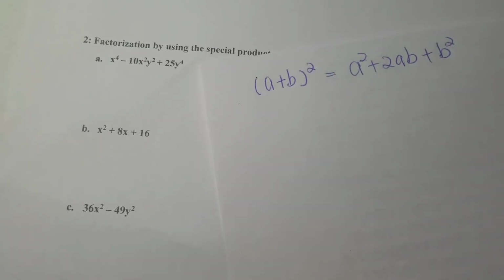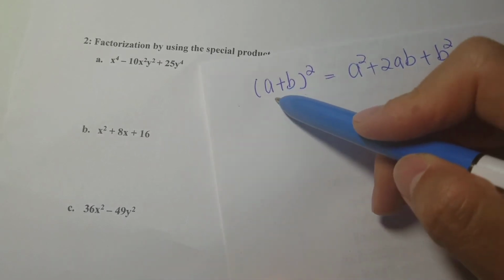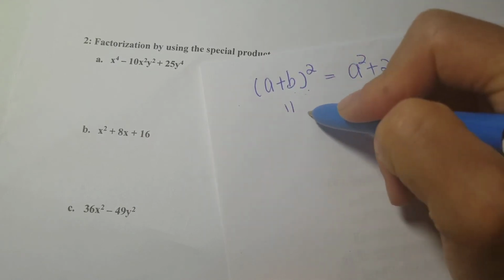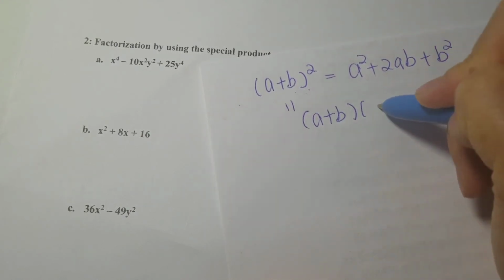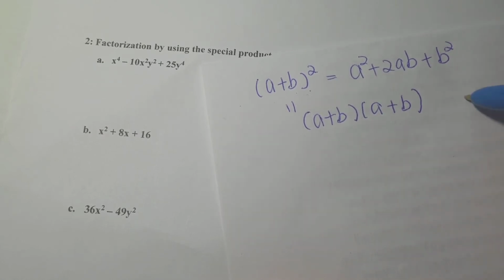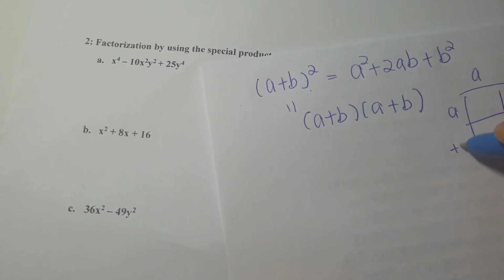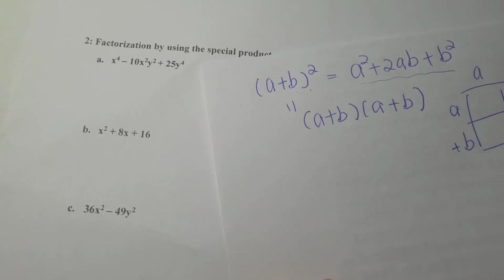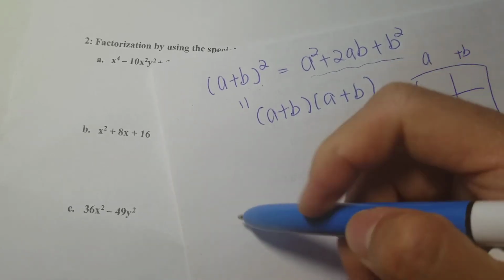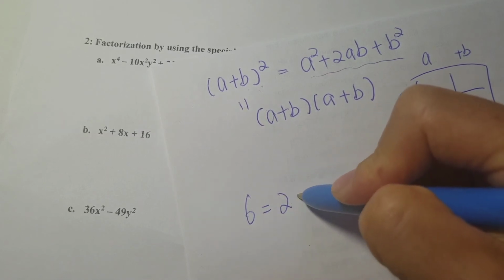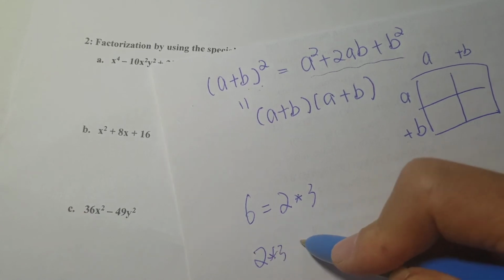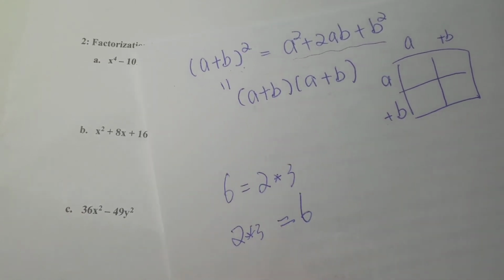And we proved this by using a 2 by 2 table, because (a plus b) squared equals a plus b times a plus b, where you can use a 2 by 2 table to show it does equal this. Same method, like 6 equals 2 times 3, and I can say 2 times 3 equals 6, because this is an equation.